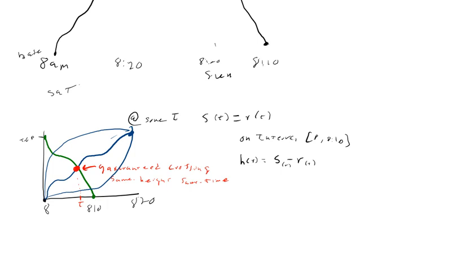On the low end, h of 8 o'clock, this is our r, and this is our s. S minus r, we're going to be negative whatever the top height is. And at h of 10, we're going to be positive some height.